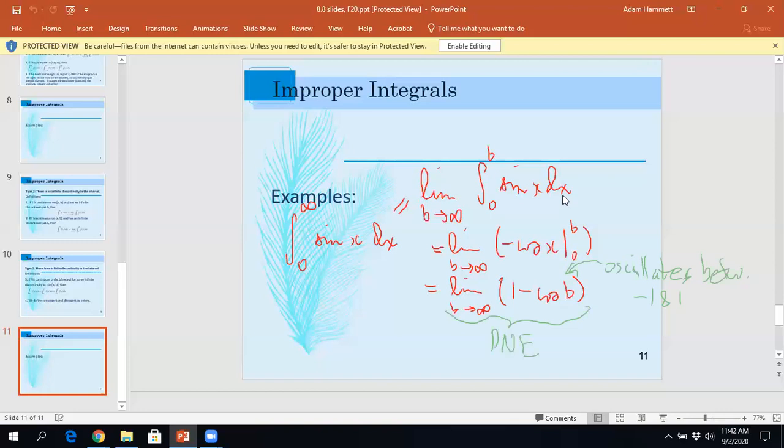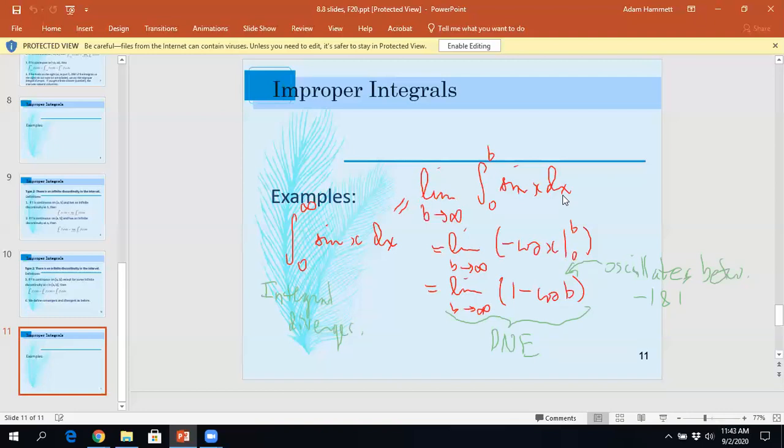What's the conclusion about this integral? The integral diverges. And this time, can we say specifically what it diverges to? Can we say it diverges to infinity or negative infinity? No, it just doesn't do anything.